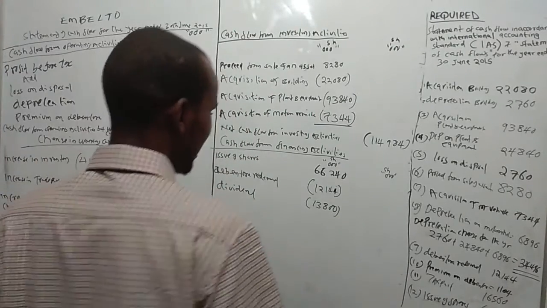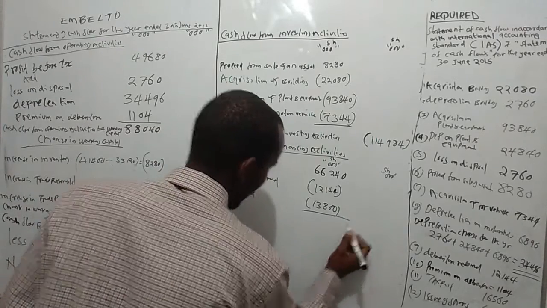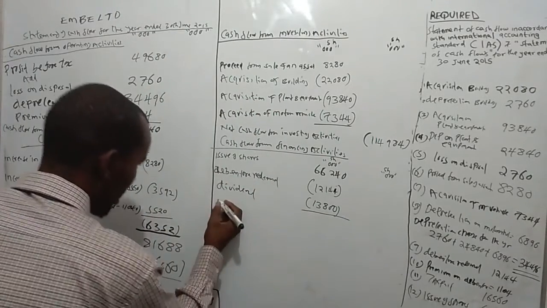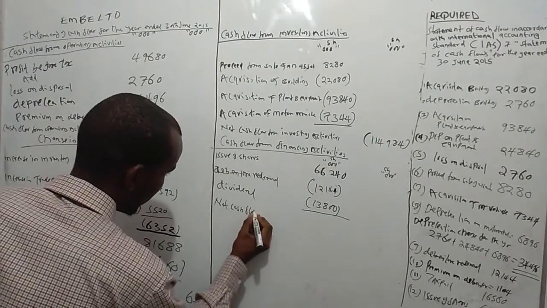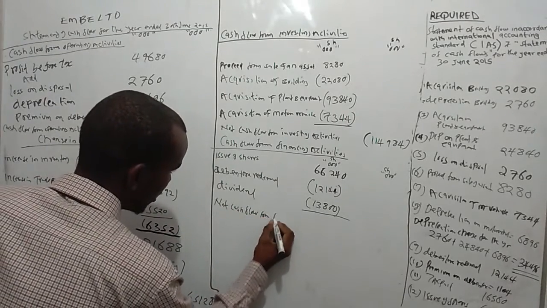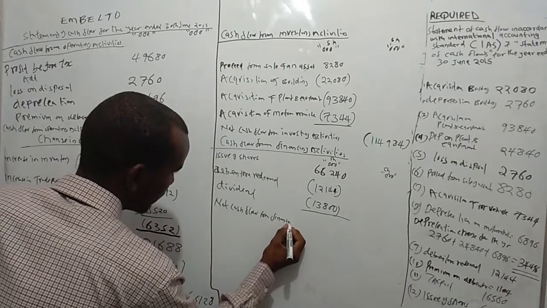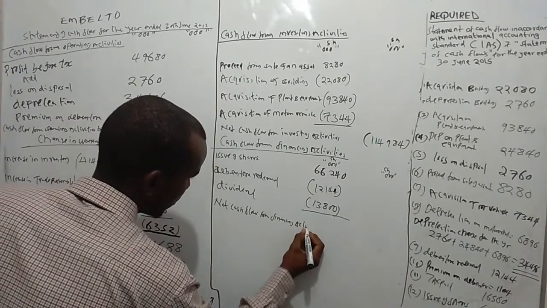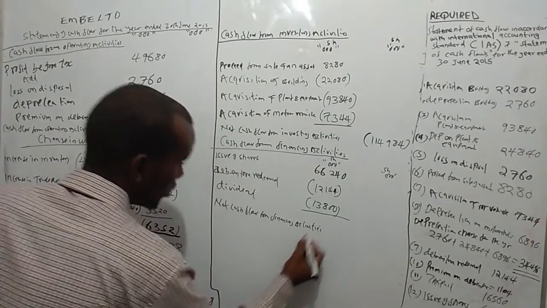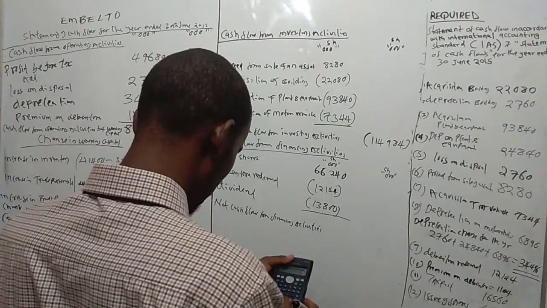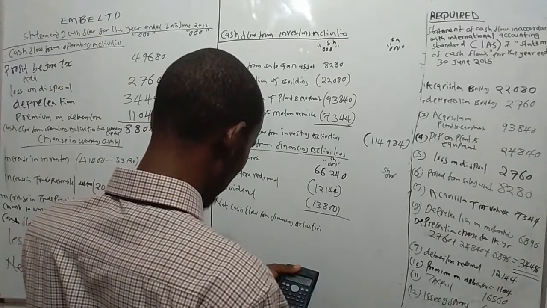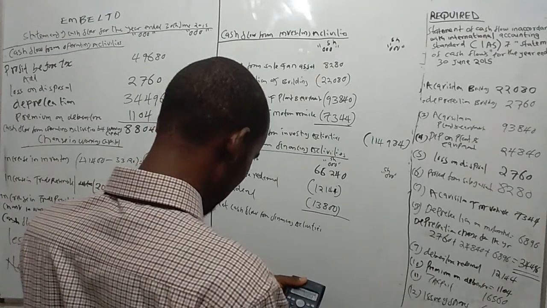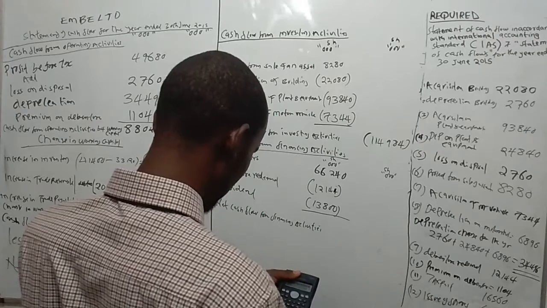Now let's get the net cash flow from financing activities. We take 66,240, subtract 12,144, subtract 13,800.